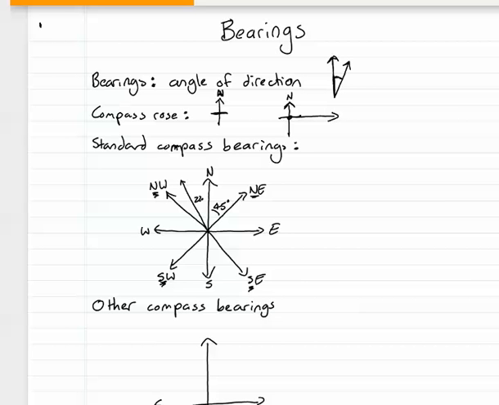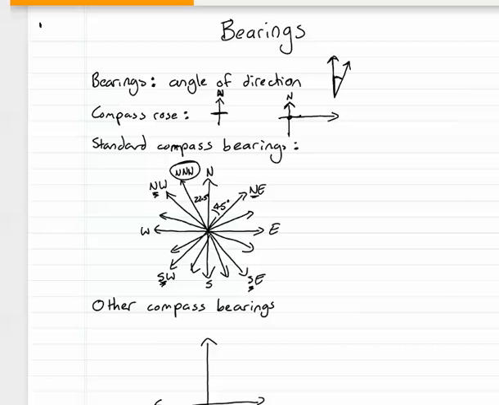At 22.5 degrees we have north-northwest, and all the measurements in between. We don't usually have to worry about these quite so much, but we'll pop them in anyway. You'll notice my compass rose gets kind of messy if I do that.